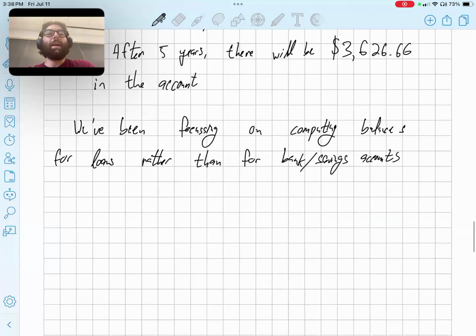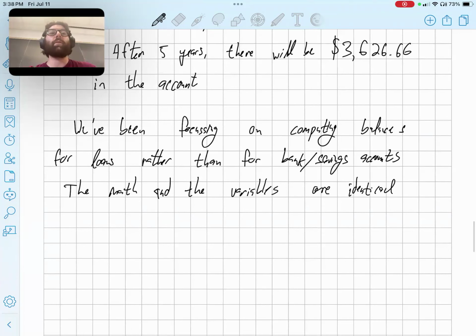But the math and the variables are identical. It's just a matter of what perspective we're looking at.